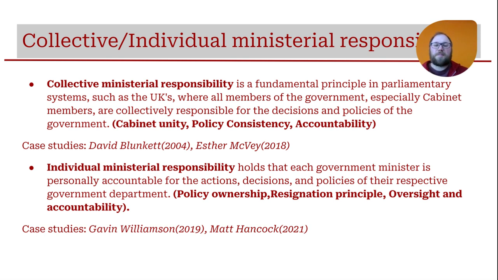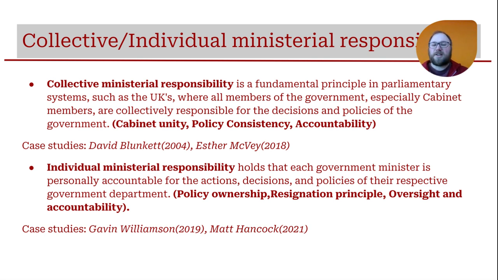However, the other aspect of individual ministerial responsibility is that ministers work within what is called the Ministerial Code of Conduct. And the Ministerial Code of Conduct governs how a minister should behave. It's about them behaving appropriately and professionally.